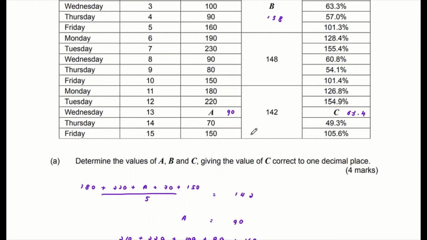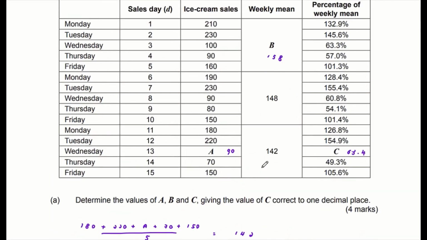This is for Wednesday. So for Wednesday you have 63.3, plus the next one, which is 60.8, and then the last one, 63.4. Add them all together and divide by 3, and you are able to get the same answer as well.